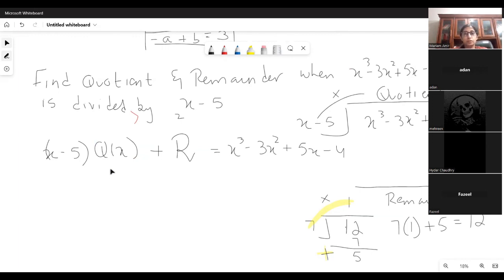What is the highest power of qx in this case? 2. 2, yes. It will be x square so that it becomes x cube. So then you write, let this be ax square plus bx plus c, and then comparing the coefficients work will be done. Or else you do it with substitution and you write let x is equals to what, so that qx gets eliminated.